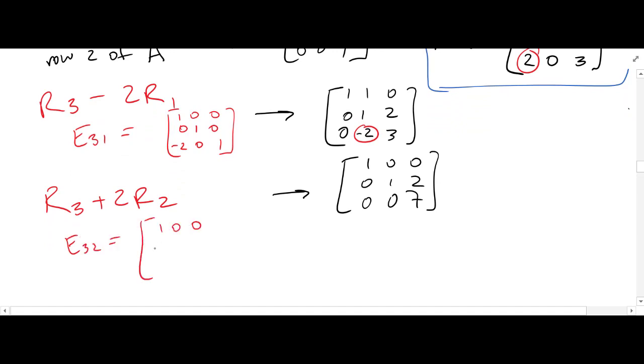So E32 in this case is the matrix (1, 0, 0, 2, 1, 0, 0, 0, 1). No, it should be a 2 right here, because I'm doing row 3 plus 2 row 2.